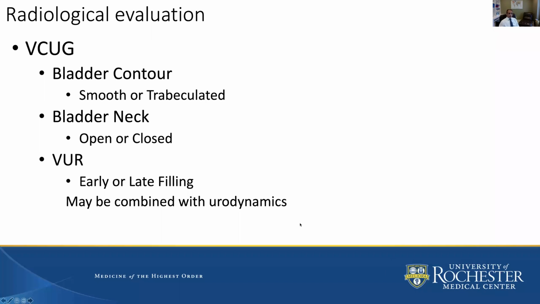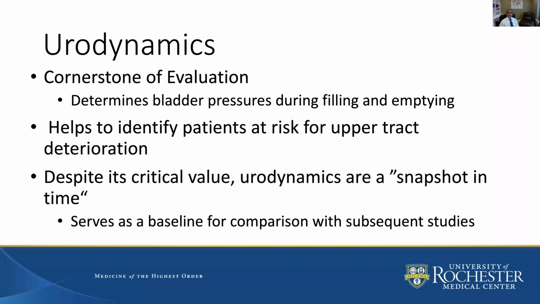And again, this VCUG can be combined with urodynamics, especially if there is a VUR. It's a cornerstone of the evaluation of patients with neurogenic bladder. It determines bladder pressure during filling and emptying. It helps identify patients at risk for upper tract deterioration. Although some studies contradict it, the majority of studies favor that urodynamic studies predict the long-term outcome of patients with neurogenic bladder.